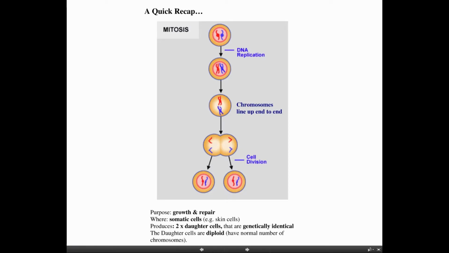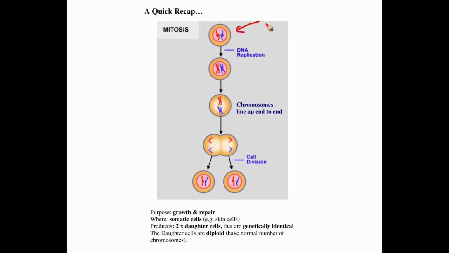So mitosis, the key thing that you need to realize is you start off here with the normal number of chromosomes, which is actually 2 of each. So we often say this is diploid, or 2n. And the first step in any kind of cell division is actually DNA replication. So that's nice and easy to remember. It's always DNA replication.